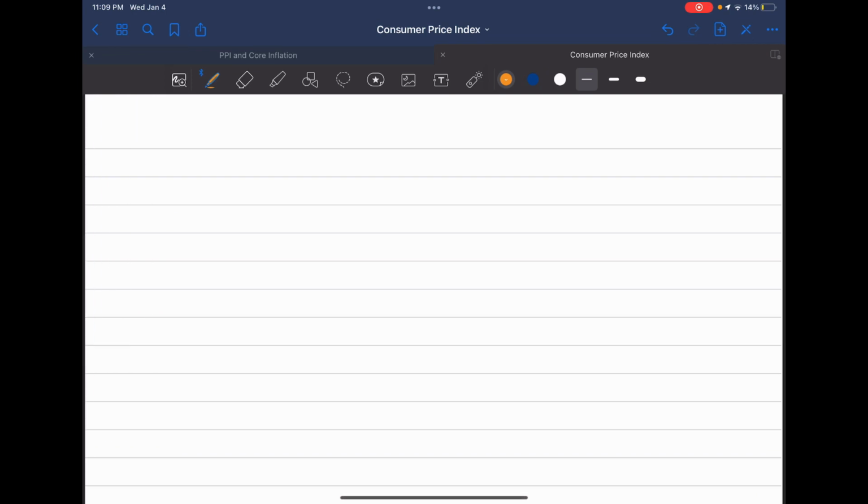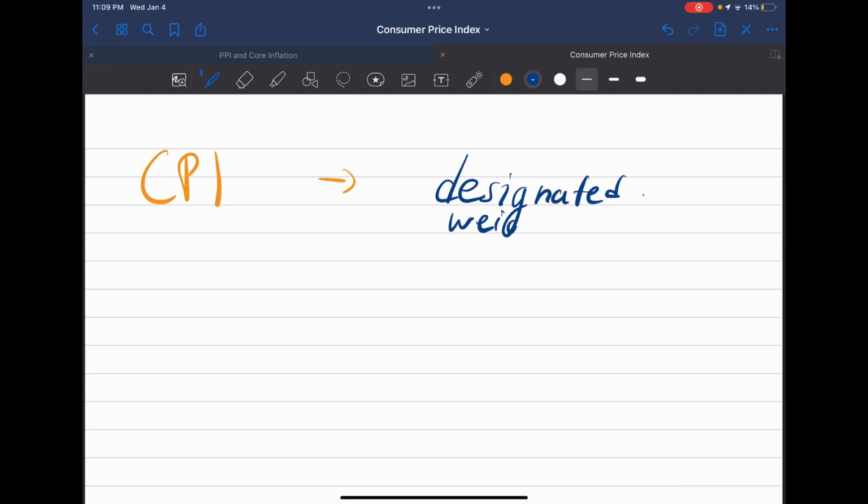But note, in the CPI, each component of each good and service is given a designated weight. A key aspect of the CPI is that each component is given a designated weight, or we can call it a fixed weight.